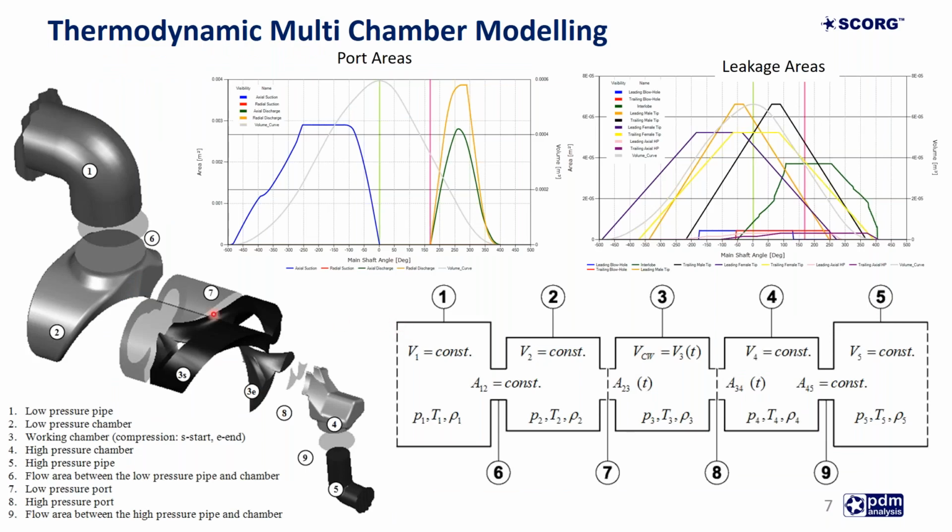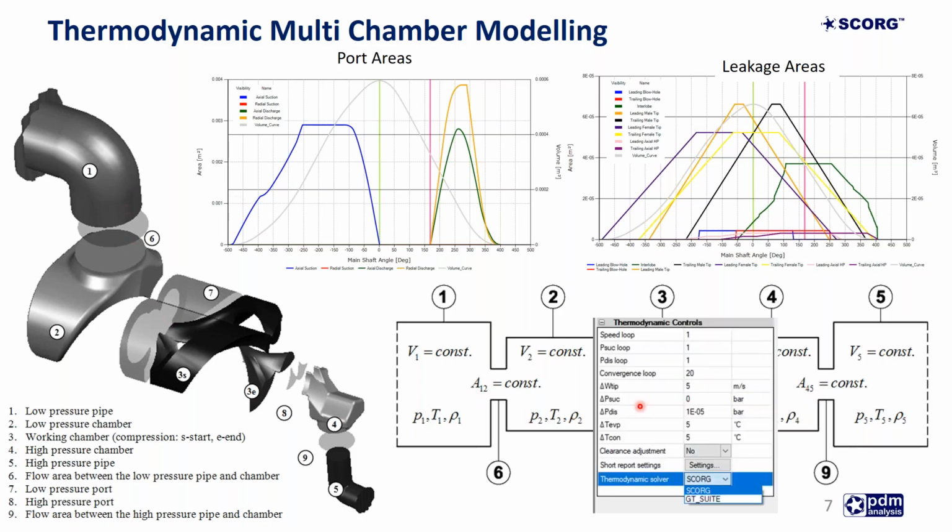When this is all set up for lower order modeling using thermodynamic chamber models, SCORG produces important data like a volume curve, suction and discharge, or low pressure and high pressure port areas, as well as leakage areas, which are then used in thermodynamic models to calculate performance of the machine.